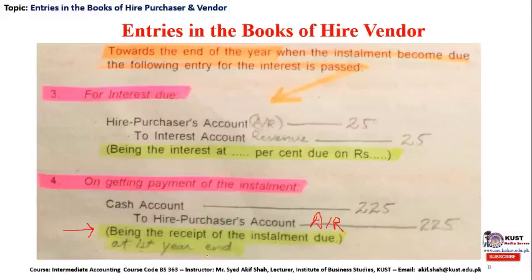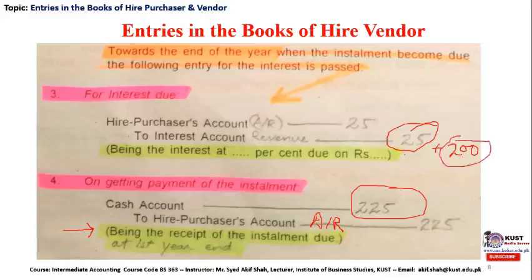So at the end of the year, the hire vendor will receive the cash payment as first year installment, which consists of the interest due plus the installment amount, which is the principal amount reimbursed or received. So by summing them up, the vendor will receive in total rupees 225.